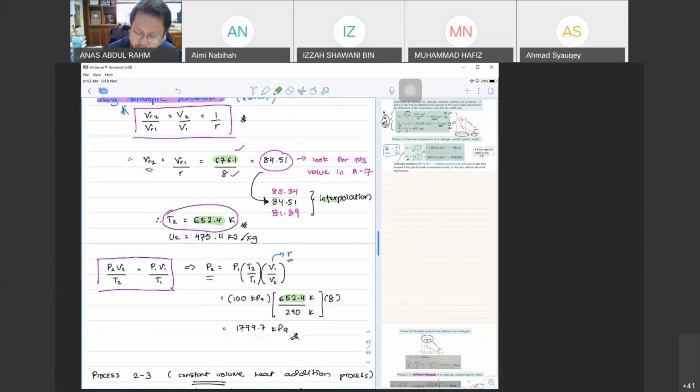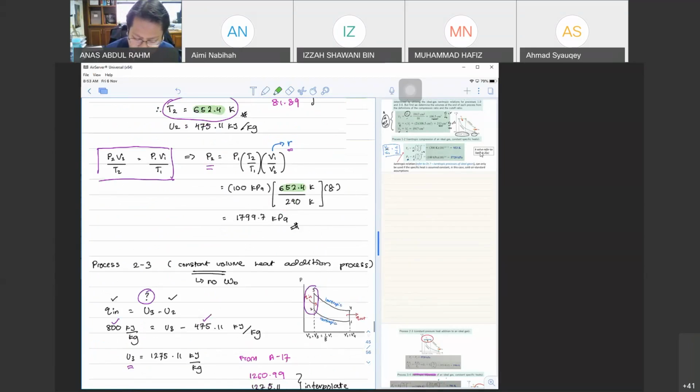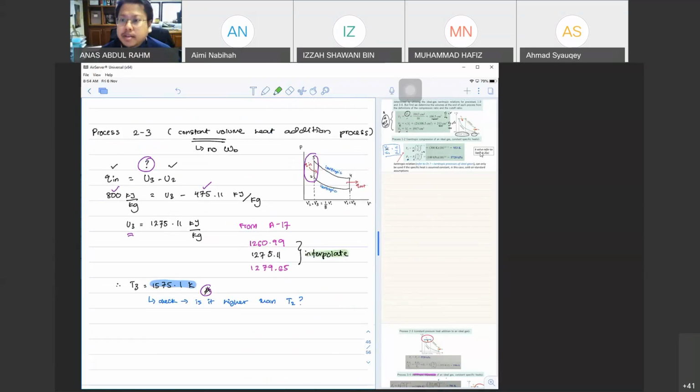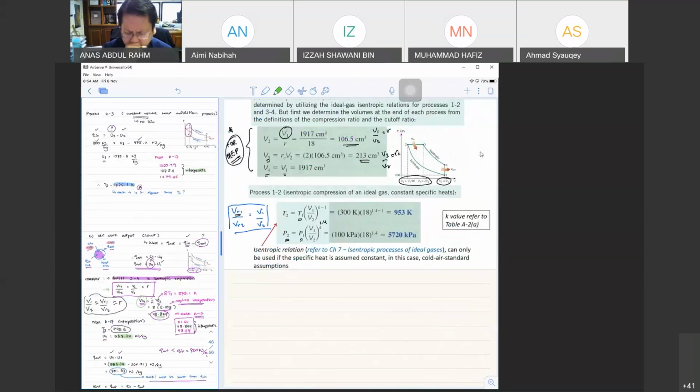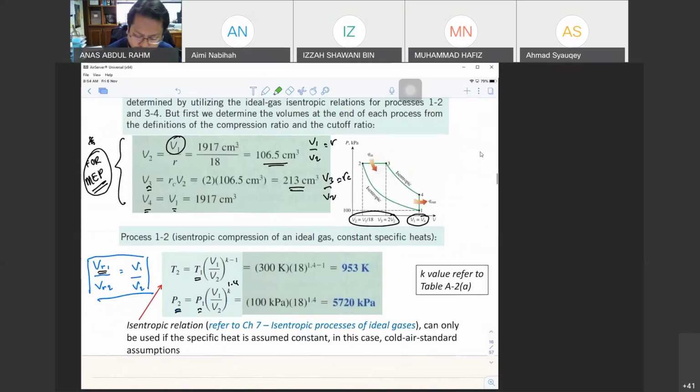For every state, you have to interpolate, so the process is slow and long. But every method has pros and cons, as I highlighted. For approximate, it is easy, very quick, and you do not need to use a table, but its accuracy is lower. So it depends on the problem. If the problem asks you to account for the variation of specific heat, then you have to use the exact analysis.